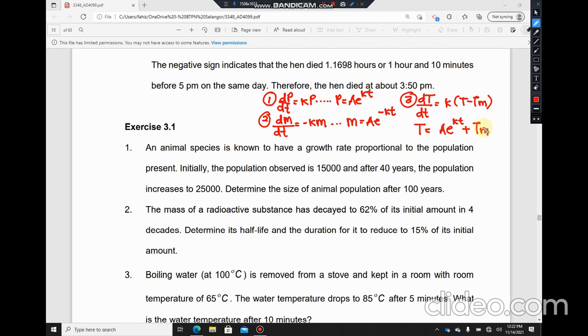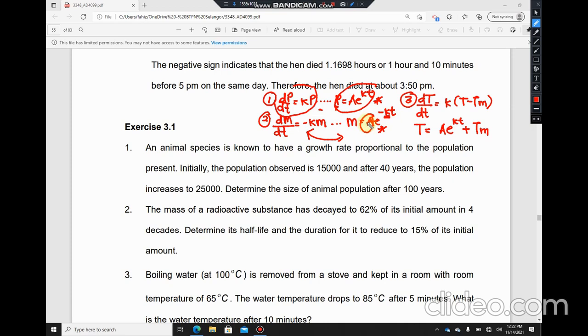Daripada step ni sampai dapat yang ni, step dia sentiasa sama. So awak just follow je, setiap kali soalan tu boleh guna step yang sama. Then bila dah dapat equation ni, baru kita masukkan nilai untuk kita cari A dengan K.